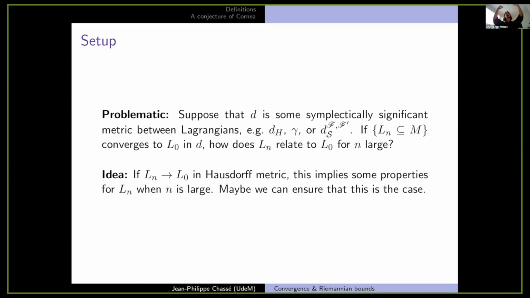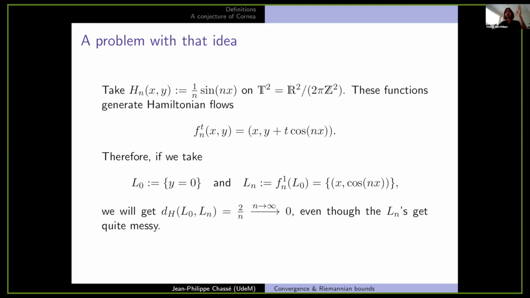So Ln and L0 will have the same number of connected components for n large enough. That would be a nice thing if I could be sure that that would be the case. However, you're quickly going to run into a problem if you hope that it is true.